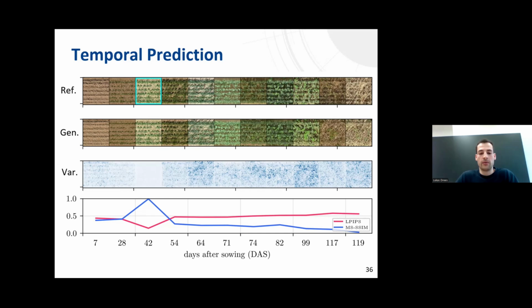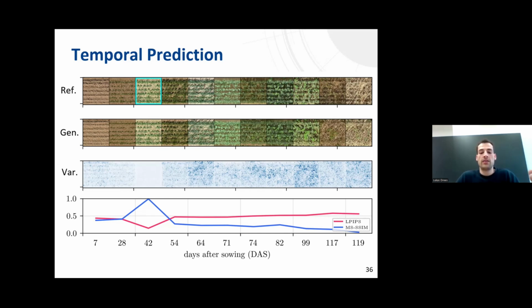We have in the third row the predicted variabilities, and in the bottom, two classic evaluation metrics comparing the generated and the reference image at each time step, with the red LPIPS curve having its optimum at 0, and the blue multiscale structural similarity curve having its optimum at 1.